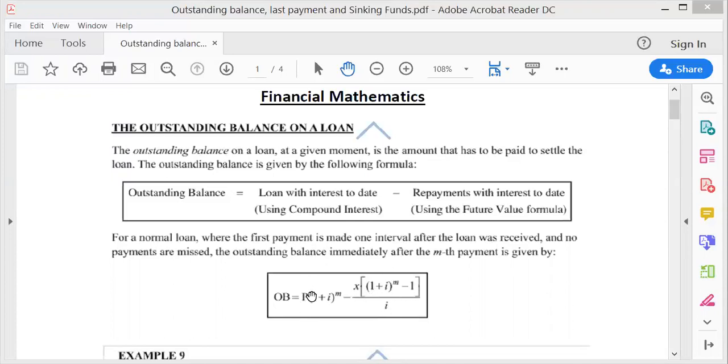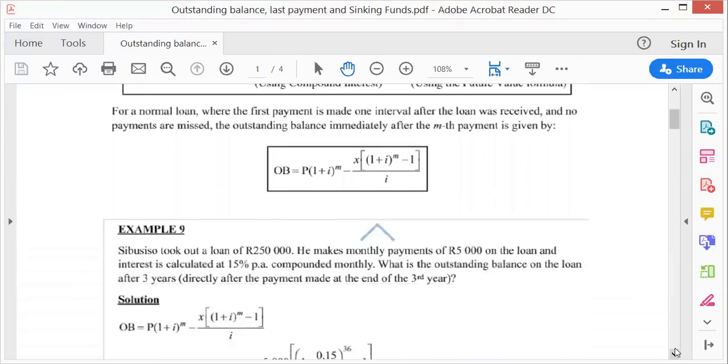So it is this formula minus that formula. And you'll notice in both cases, i will be the same and n will be the same. And x is that outstanding balance you are looking for. So in this formula, you must find x. Is it clear, guys? So let's do the example.